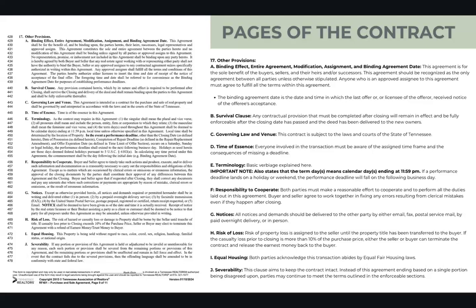Both parties must make a reasonable effort to cooperate and to perform all duties laid out in this agreement. The buyer and seller agree to work together in fixing any errors resulting from clerical mistakes, even if they happen after closing.